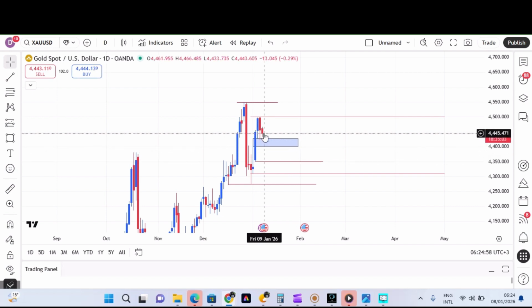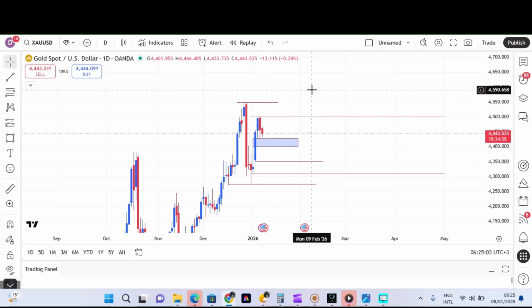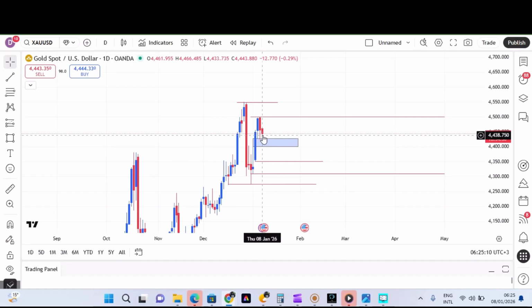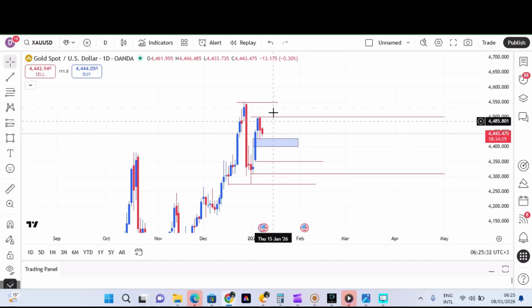I have a bias that gold, these remaining days of the week, maybe today or tomorrow where we have the other big news, might come and push out or balance all these imbalances, sweep all this liquidity, come down here and take out the Monday low liquidity, or even take out the Friday low liquidity, and then maybe push further, or it might retrace back to move up.